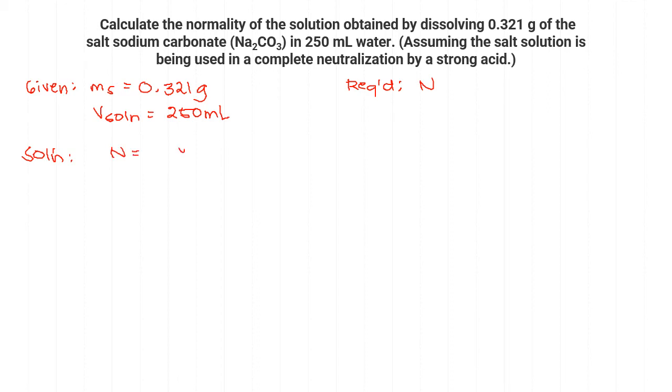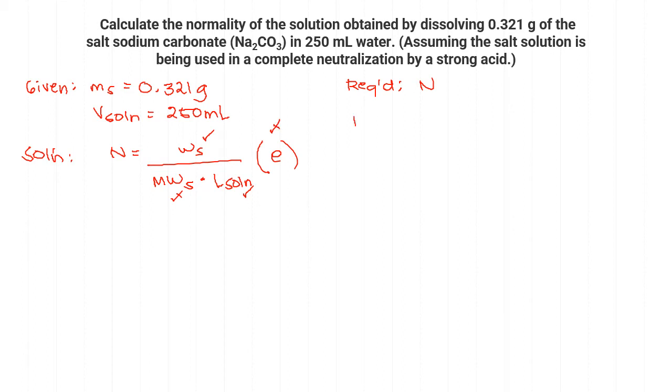This is weight of solute all over the molecular weight of solute multiplied to your liters of solution and multiplied again to our E. We have our mass or weight of solution. We have a volume, but we don't have your equivalent units and your molecular weight. Therefore, we will have to calculate for this too.